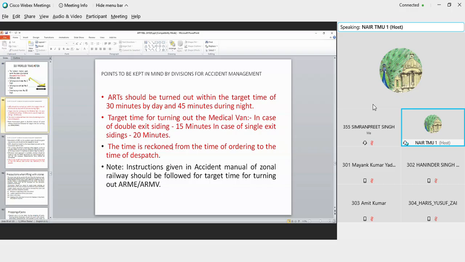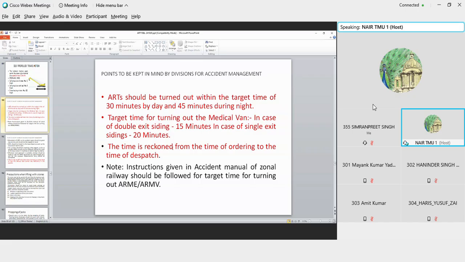So the controller has received the information at 1305 that a train has met with an accident at Anand. They will sound the hooter and start giving information, and the condition is that this crane has to move from Baroda within 30 minutes of the accident. So by 13:35, the ART during the daytime has to get pushed out. If it is night time, it will get pushed out within 45 minutes.